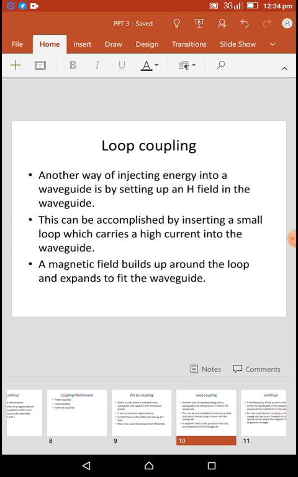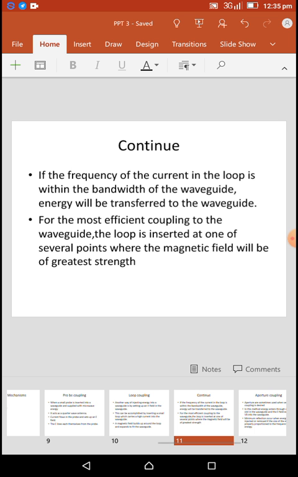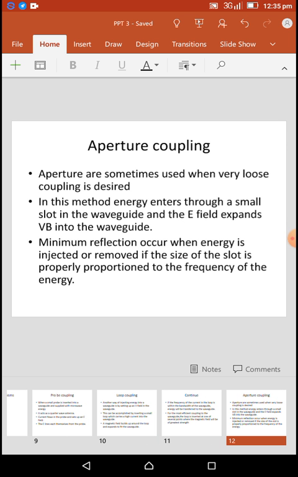When a loop is introduced into a waveguide in which an H field is present, a current is induced in the loop. When this condition exists, energy is removed from the waveguide. So this is the coupling of a loop.